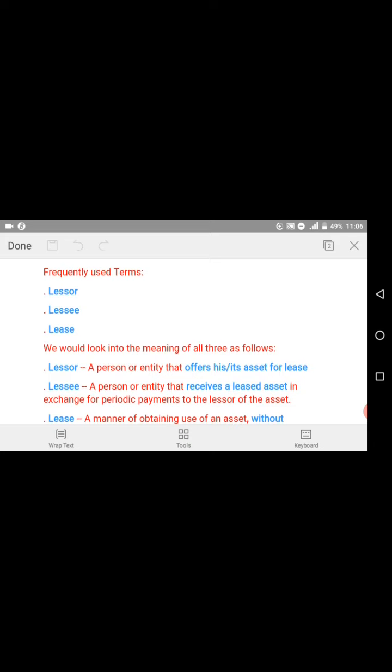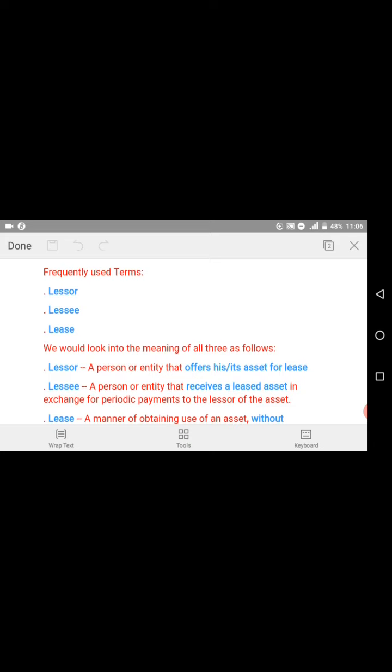And the second frequently used term that we're going to be using throughout the lectures is the lessee. It's a person or entity that receives. The first one, the lessor, offers. Second one, the lessee receives a leased asset in exchange for periodic payments to the lessor of the asset.